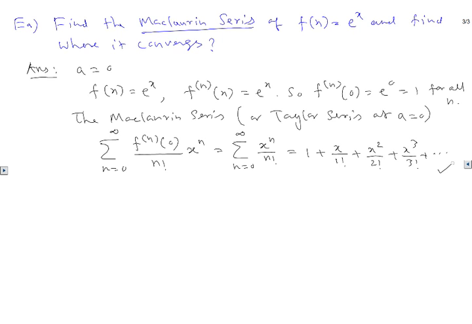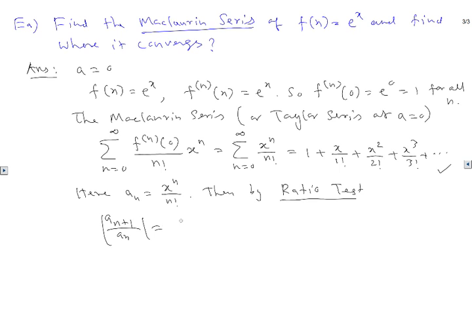Let's see where it converges. For the convergence, we can use the ratio test. Here a at the nth term is simply x^n over n factorial. By the ratio test, we look at the ratio.